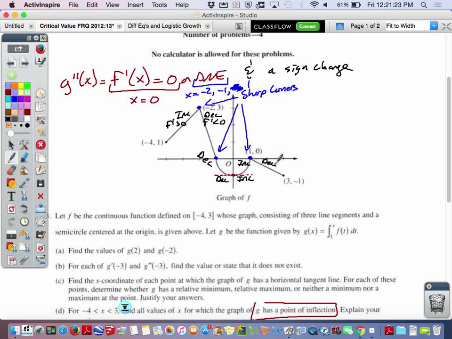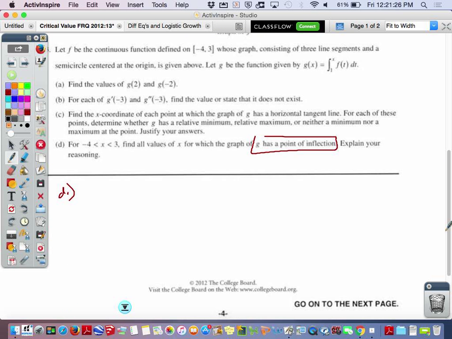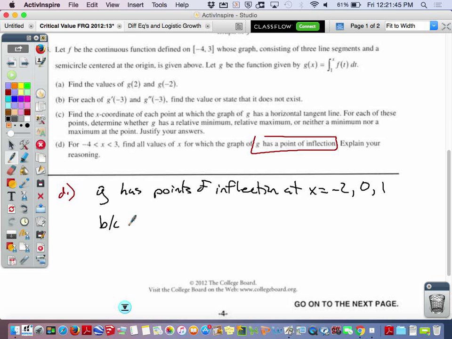So we can say as our answer that G has points of inflection at x equals -2, 0, and 1 because G double prime of x, which is equal to f prime of x, changes sign.